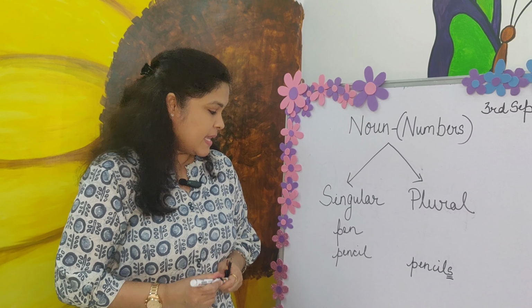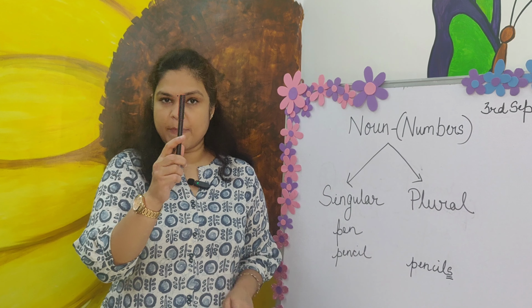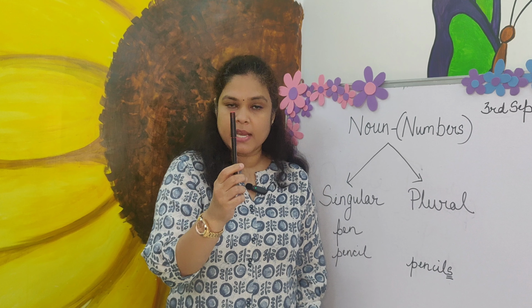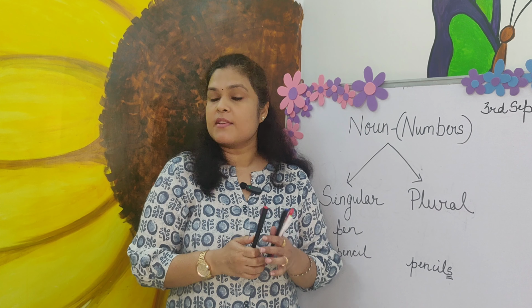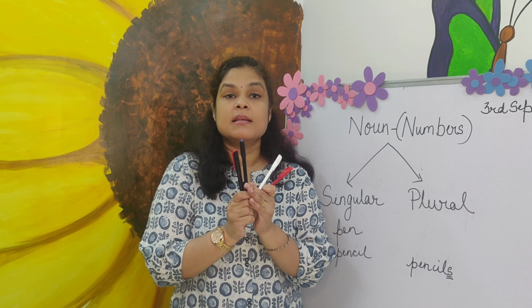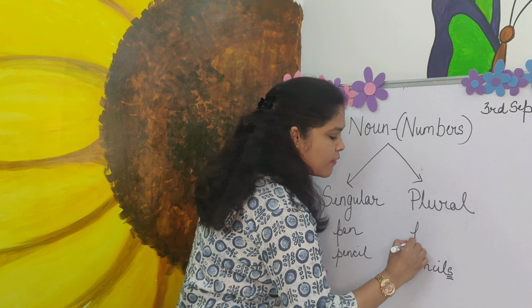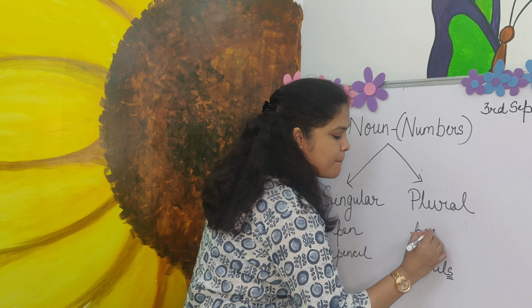Same example we can see through pen. I am holding one pen. I have a pen. One pen, right? So it's called a pen. But if I have more than one pen, we will be referring to them as pens. So the plural form of pen is pens.